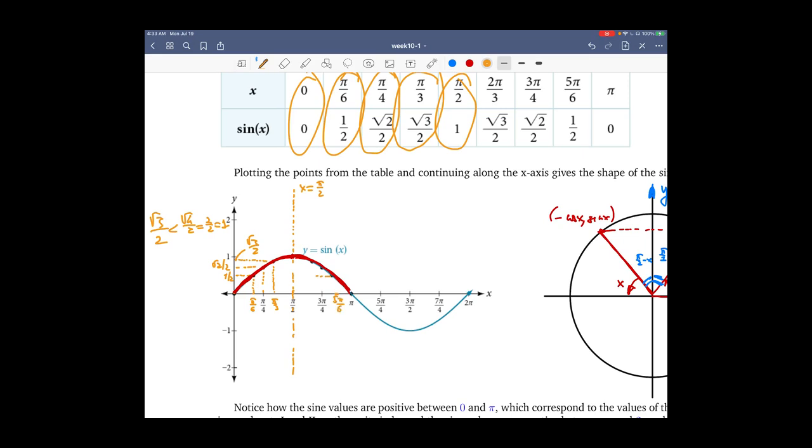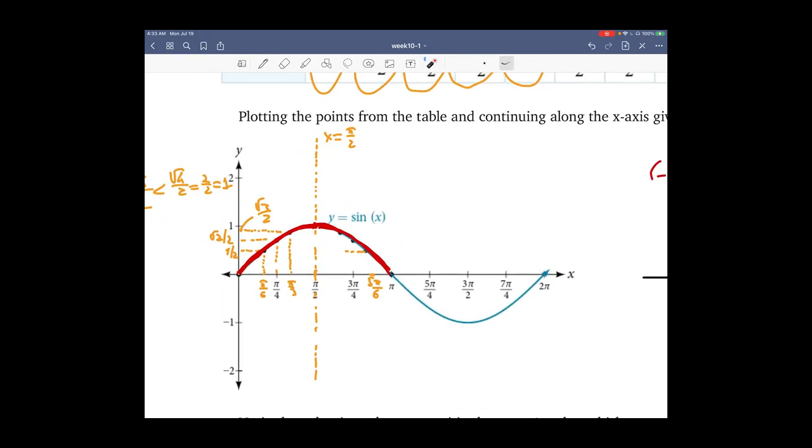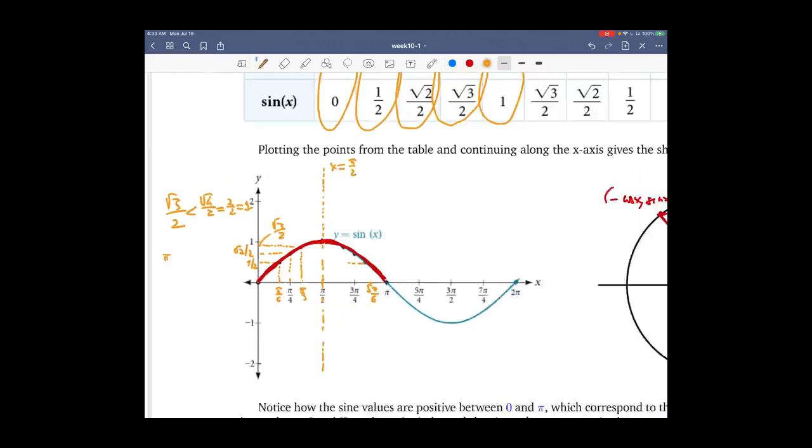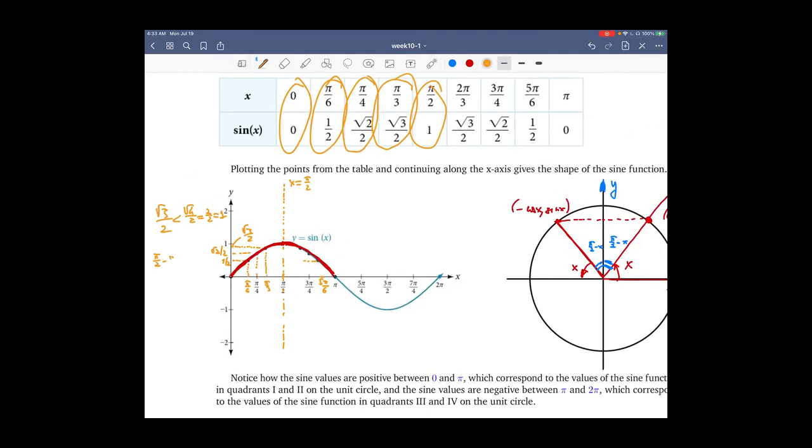And symmetric to this point pi over 3 will be which point? Well, what is this distance? This distance is pi over 2 minus pi over 3, which is pi over 6.